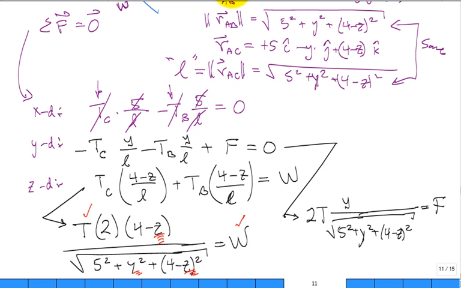Again, this equation, I have known, but I don't know the y and I don't know the z. 2 equations, 2 unknowns. How would you solve for it?